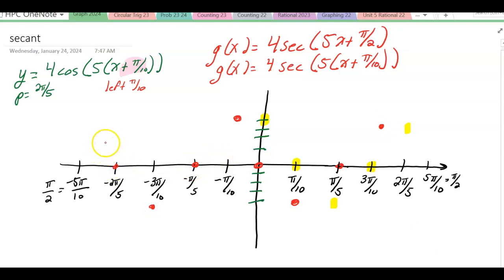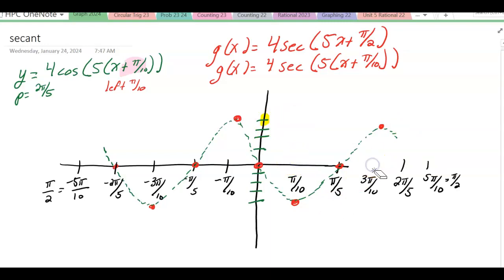So I'm going to draw in dotted green that cosine graph. And I'm going to erase those yellow highlighted dots to avoid some confusion.